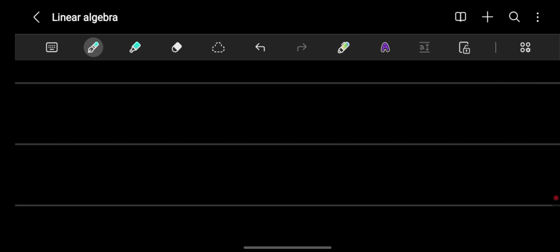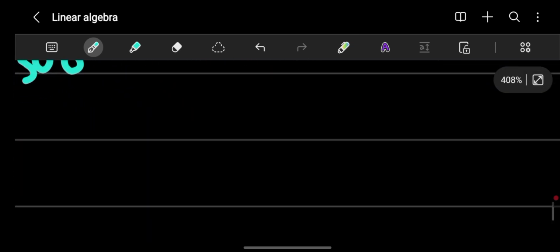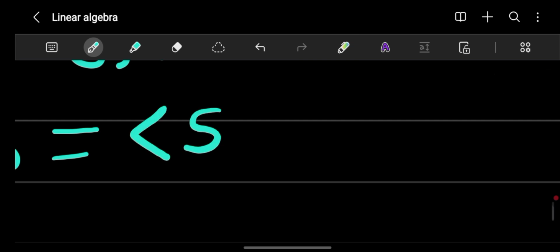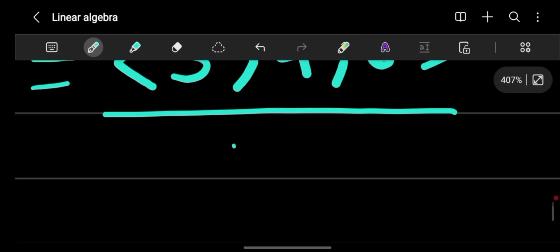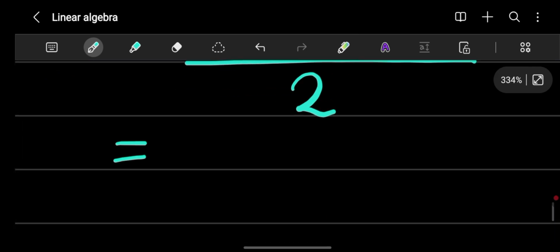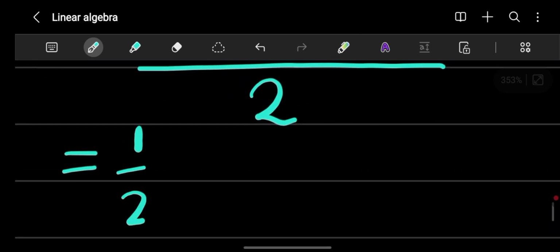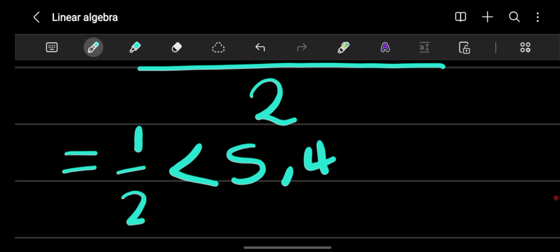Remember, a unit vector is any vector that's parallel to that. If I'm told that B is parallel to S, that means B has the same direction vector, which in this case is 5, 4, and 6. And the magnitude of B we're told is 2. So I could write this as 1 over 2 times 5, 4, 6.